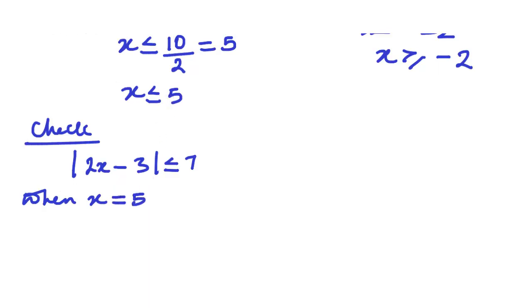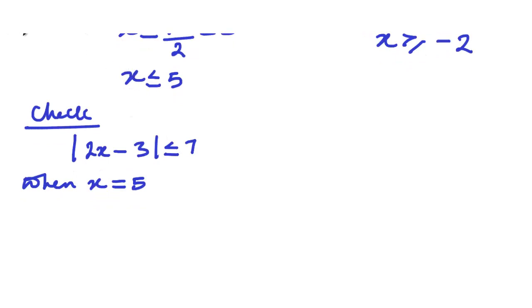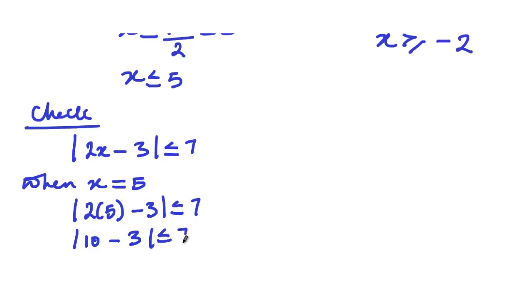So we have the absolute value of 2 into bracket 5 minus 3 is less than or equal to 7. 2 times 5 is 10, minus 3.